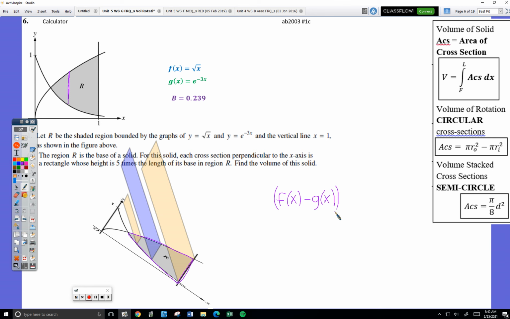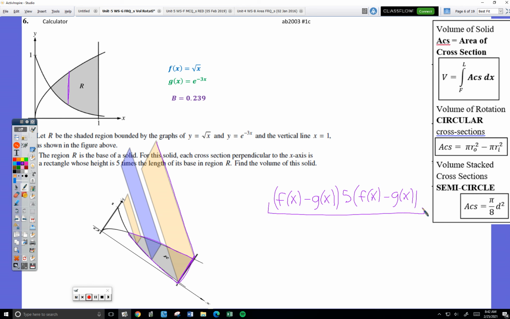With me? But now I've got to multiply by this dimension here, which in this case is 5 times this dimension. F times f minus g again. Okay, raise your hands please and tell me. What is this calculating?